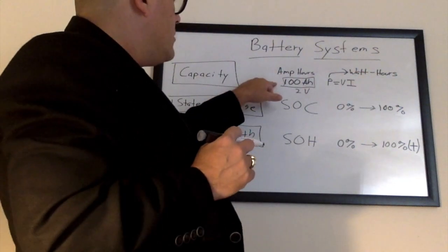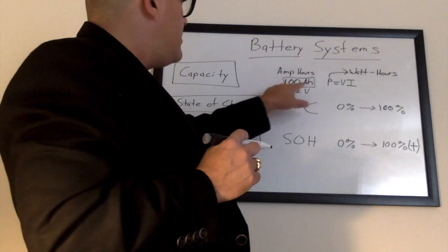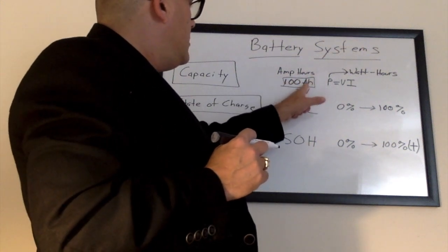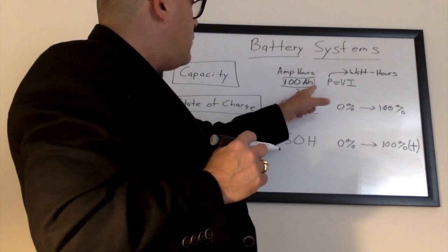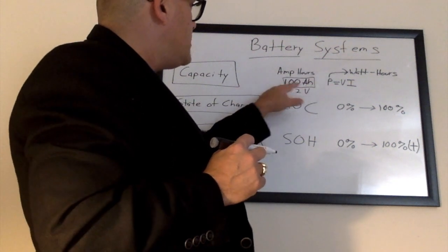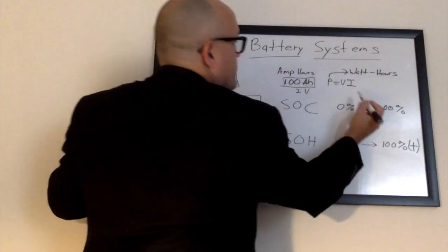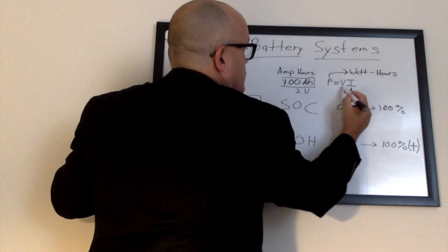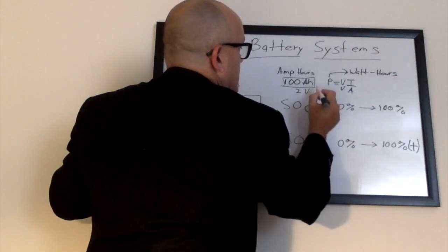Okay, so how do we get there? We have amps here and we have volts. We already have hours. So let's just multiply amps times volts.